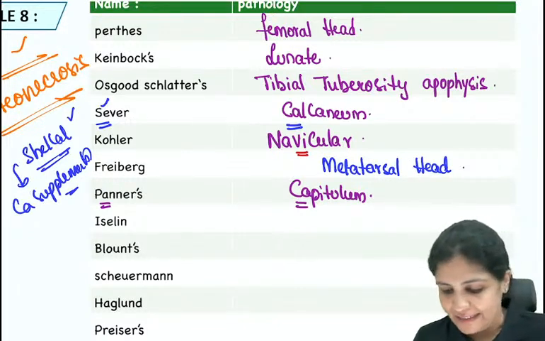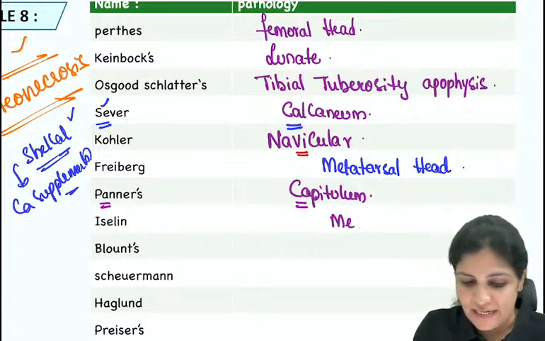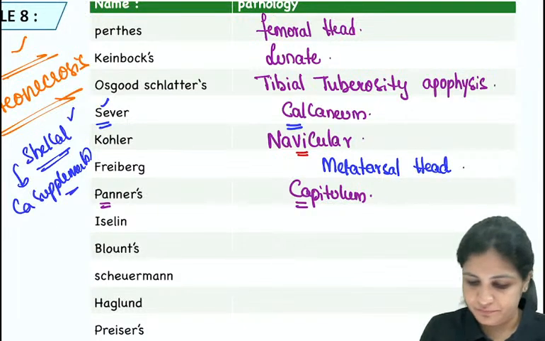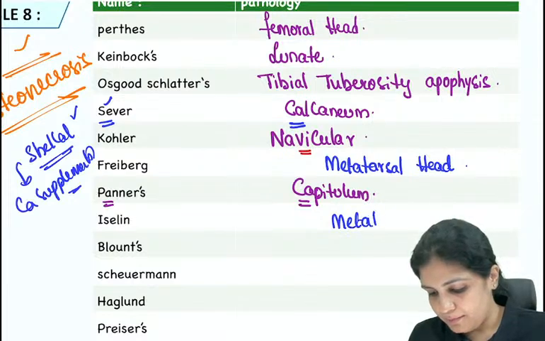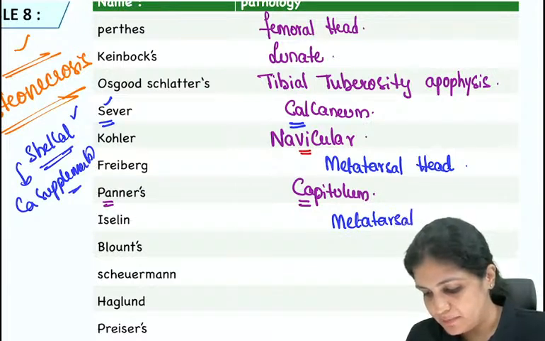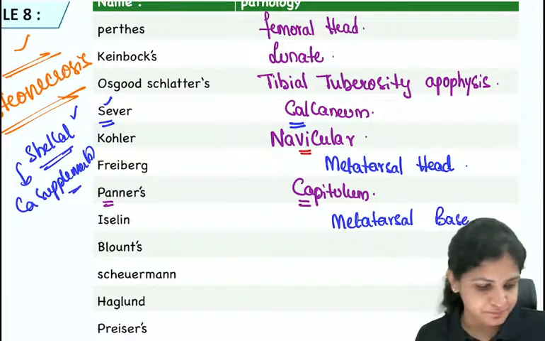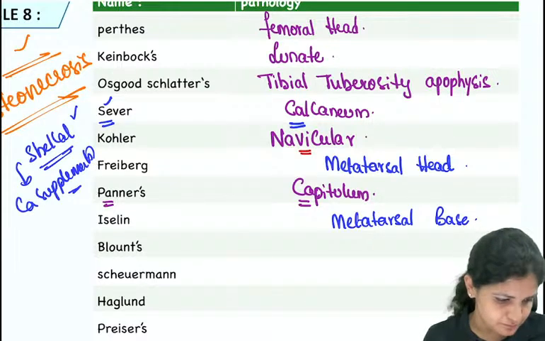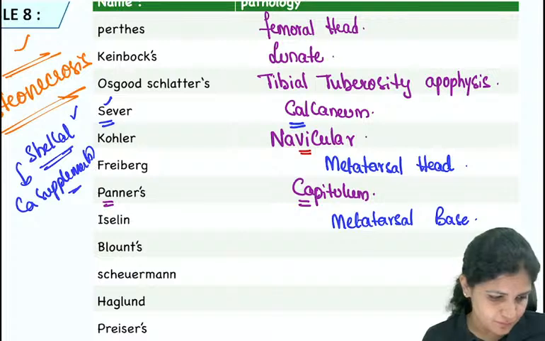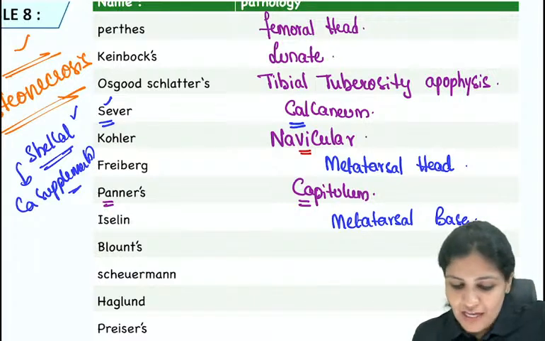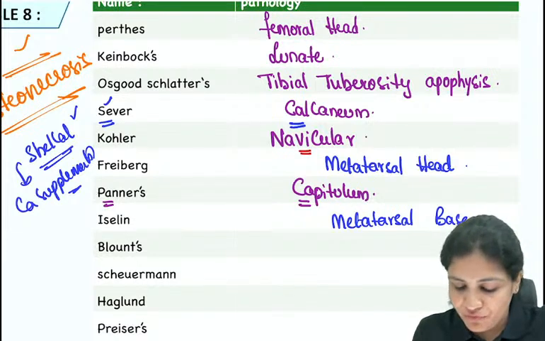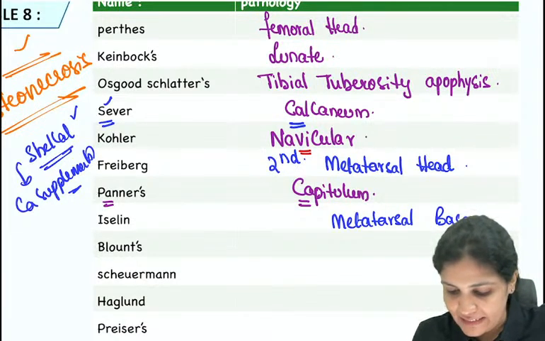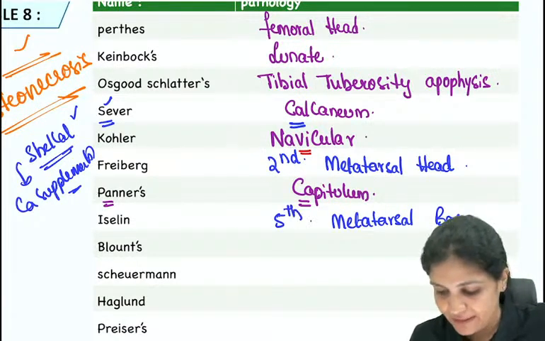And what about Iselin's? Iselin's is also metatarsal, but this is the base. So Freiberg and Iselin, I have written metatarsal and metatarsal, right? Freiberg's is the second metatarsal head, Iselin is the fifth metatarsal base.